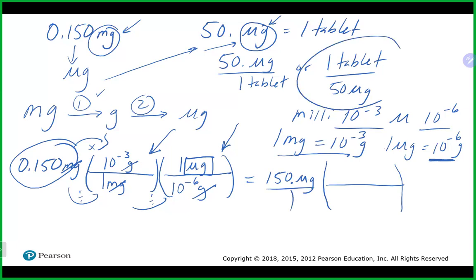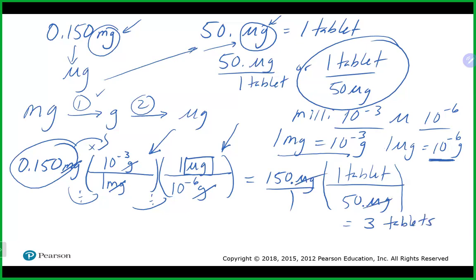So it does need to go on the bottom. That's going to leave me a tablet up on top, which seems good. And 50 micrograms there with a dot, I think. And we're going to go 150 divided by 50. That's going to give us technically 3 tablets in this case.